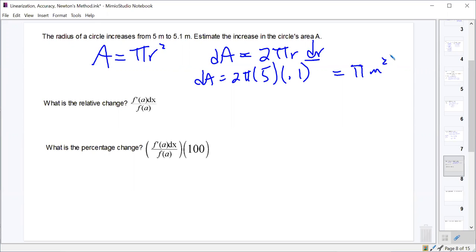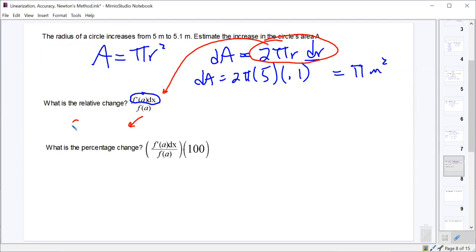Yeah. So then the next question is, what's the relative change? Our relative change is always defined as the amount that we think it should be changing by, our approximation of how much it changes. So that's f prime of a times dx. Or in our case, that's this value, this 2 pi r dr. It's just our differential of our function. So pi divided by the original area before the change.